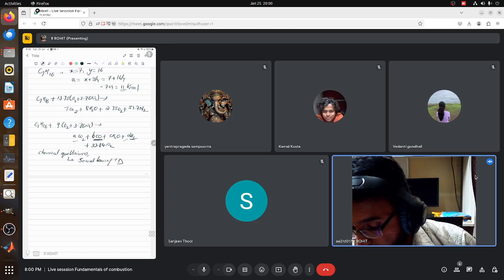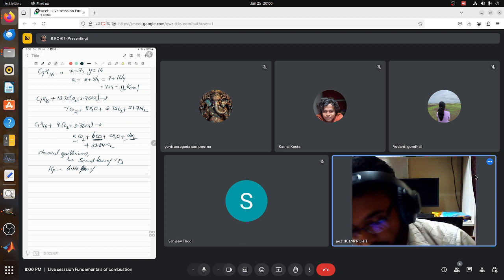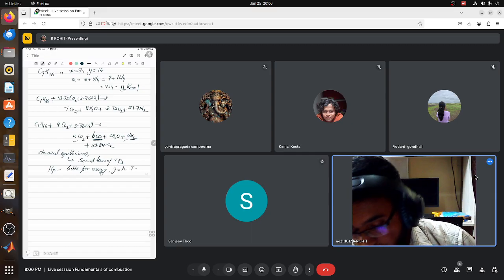At a given pressure and temperature, a parameter called the equilibrium constant, Kp, is evaluated at a given temperature using Gibbs free energy, G equals H minus TS.